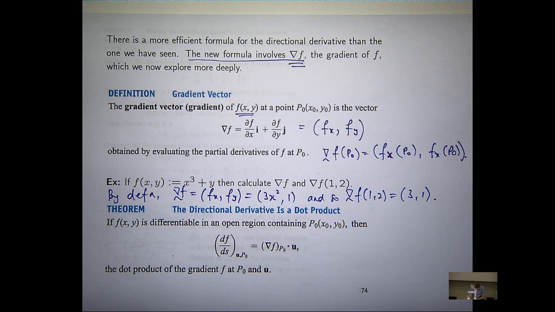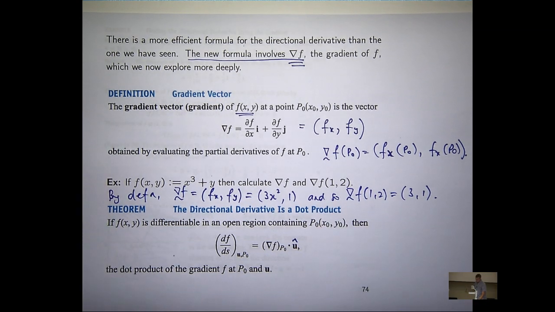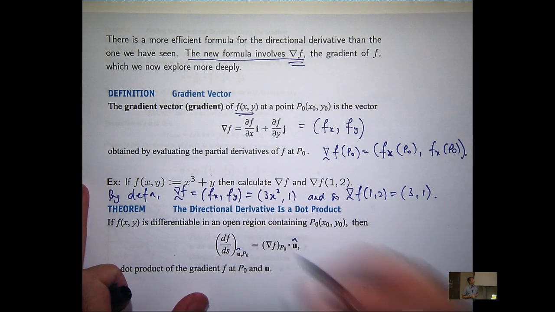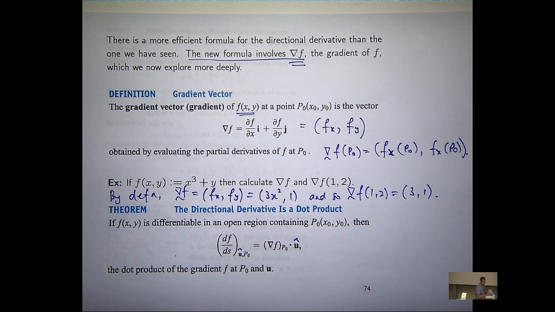All you've got to do is calculate the partials, write them as a vector. That's it. So how does this actually relate back to this directional derivative? Well, the directional derivative is a dot product. The directional derivative at a point p0 is a dot product of the grad f at p0 dotted with the unit vector u.